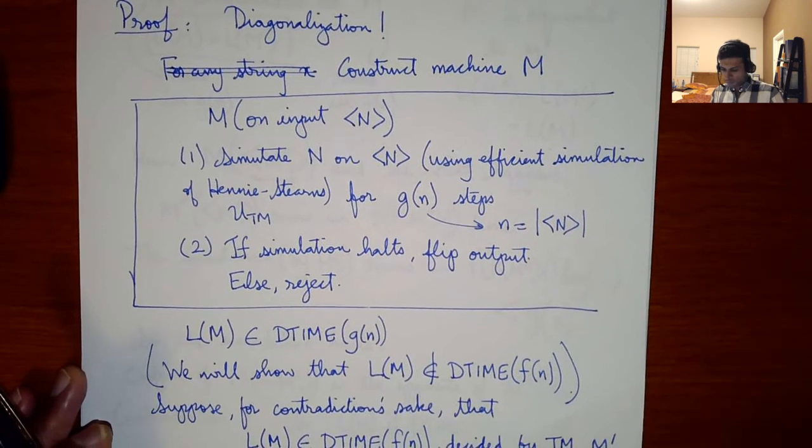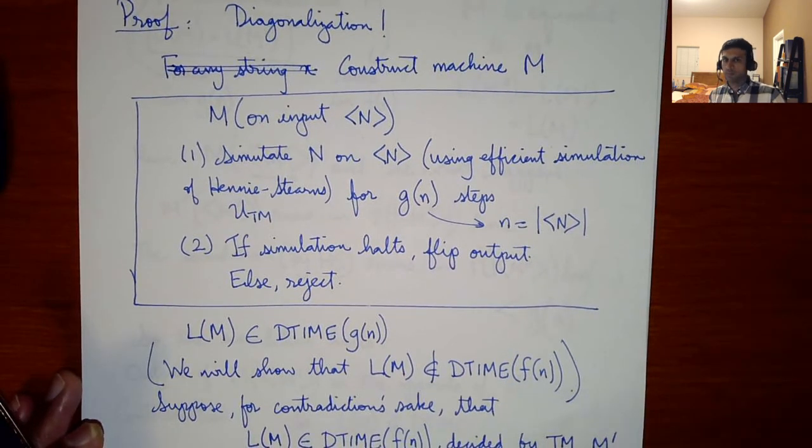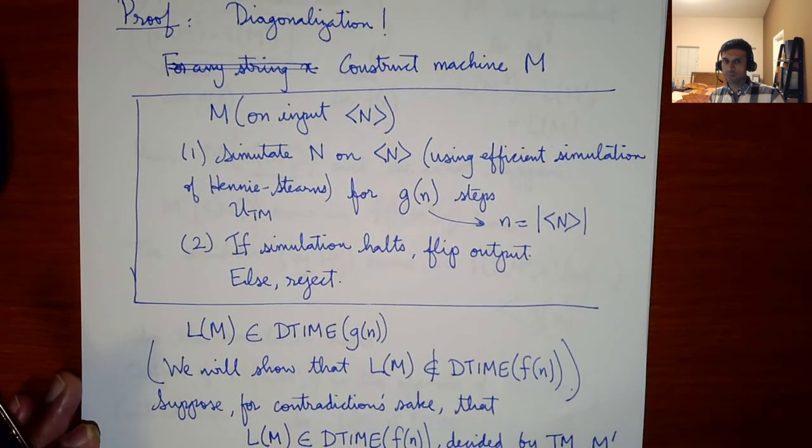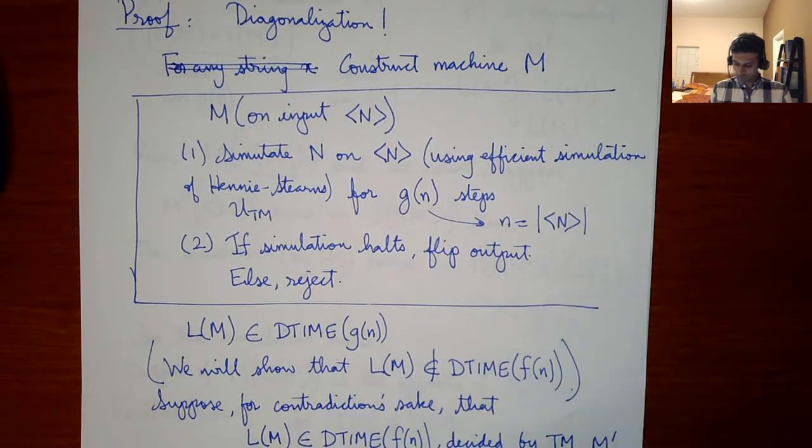So the language that M accepts is, okay, if N runs in less time than M, then the language that M accepts is everything that N rejects, right? Exactly. It's like it's flipping the language. So if we pass in to M the same language that M accepts, then there's no way they agree, because if you flip it, they'll never agree.